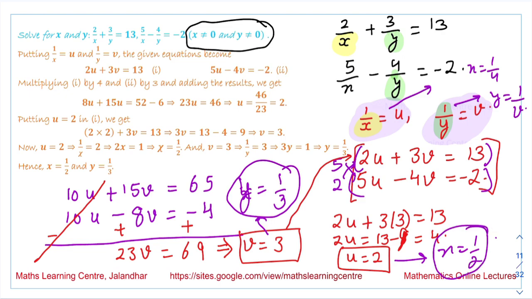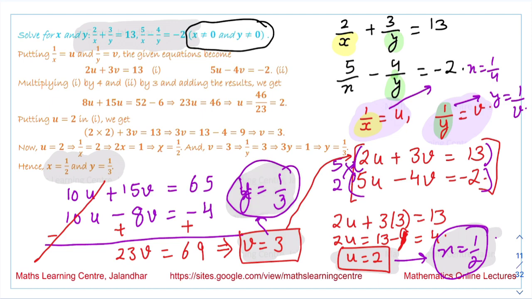So these are our final answers, that x is equal to 1 by 2 and y is equal to 1 by 3. It is important to note over here that these are the values of v and u we are obtaining, and the original question that was given to us was not in terms of u and v, but in terms of x and y. So it is important to find the answer in terms of x and y.